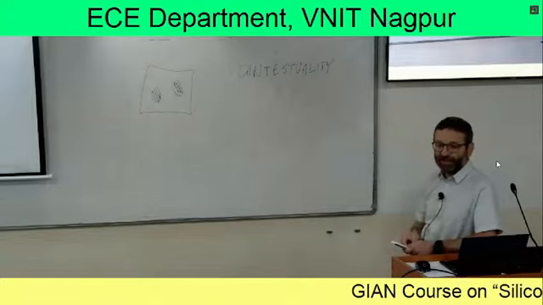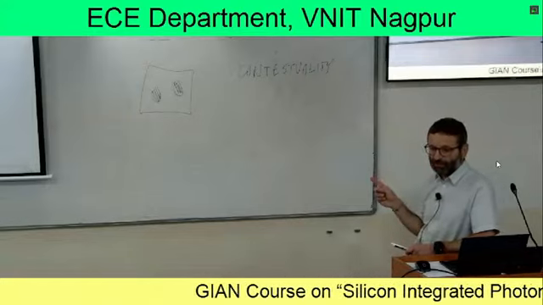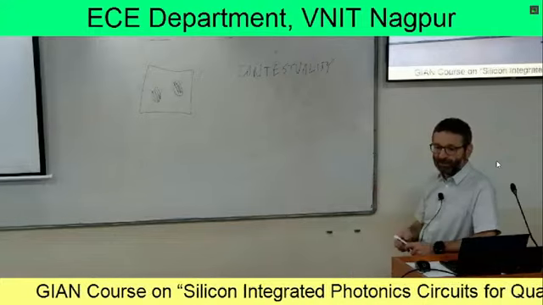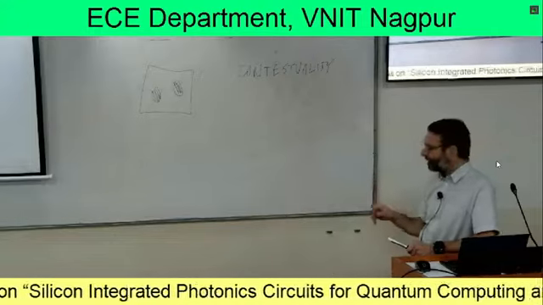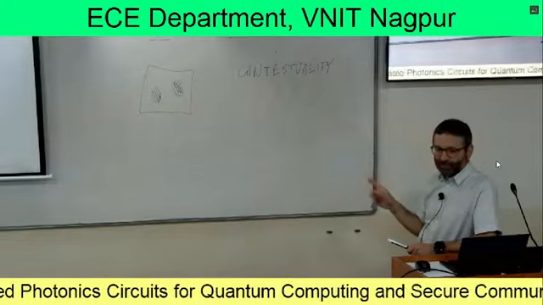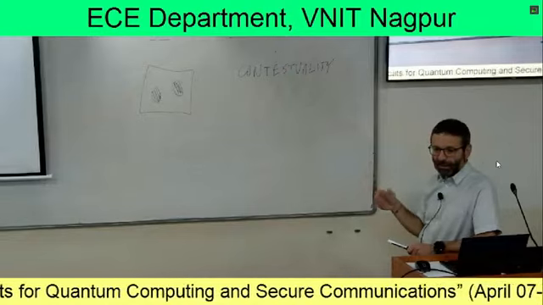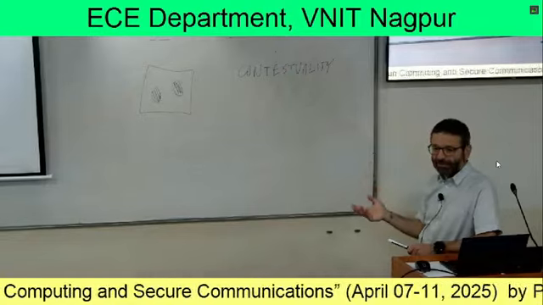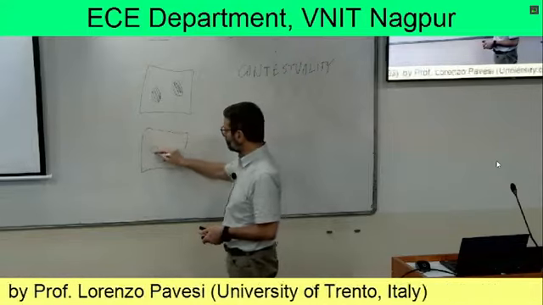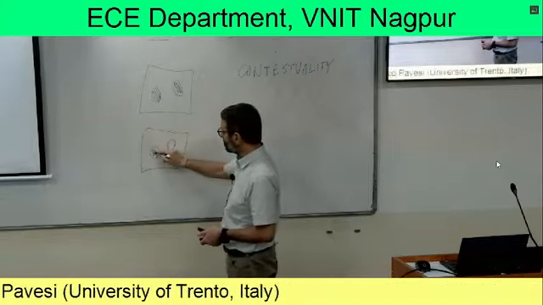What I was saying is that the color of the ball is not predetermined. Classical mechanics says that the colors of the balls are predetermined, so this is red or blue.